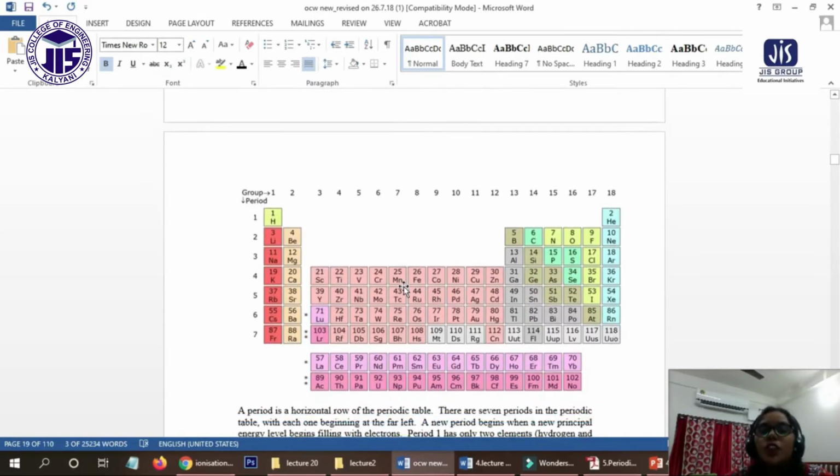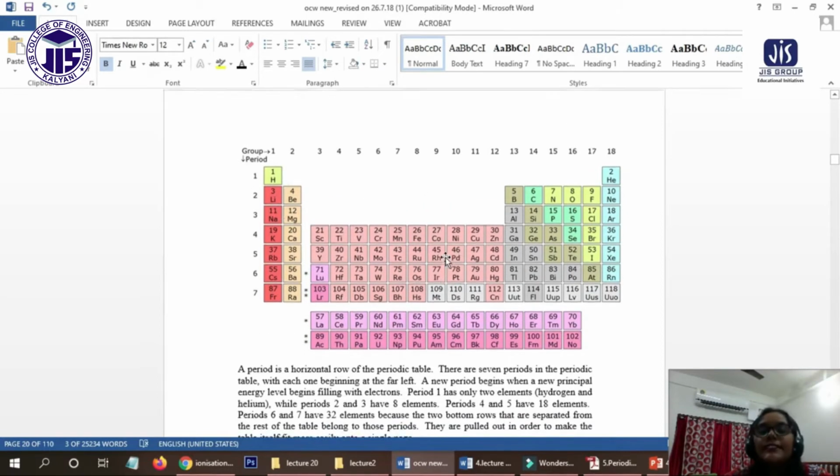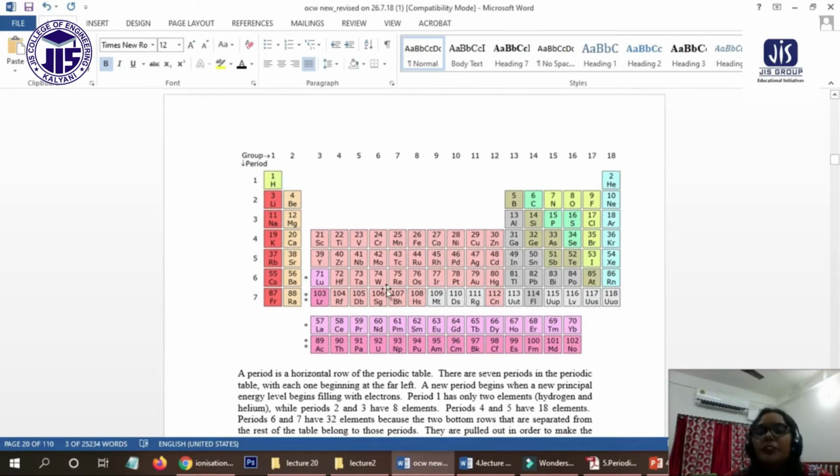The position of hydrogen can be fixed. So this is the modern periodic table, where the elements are arranged according to their atomic number, not the atomic masses.